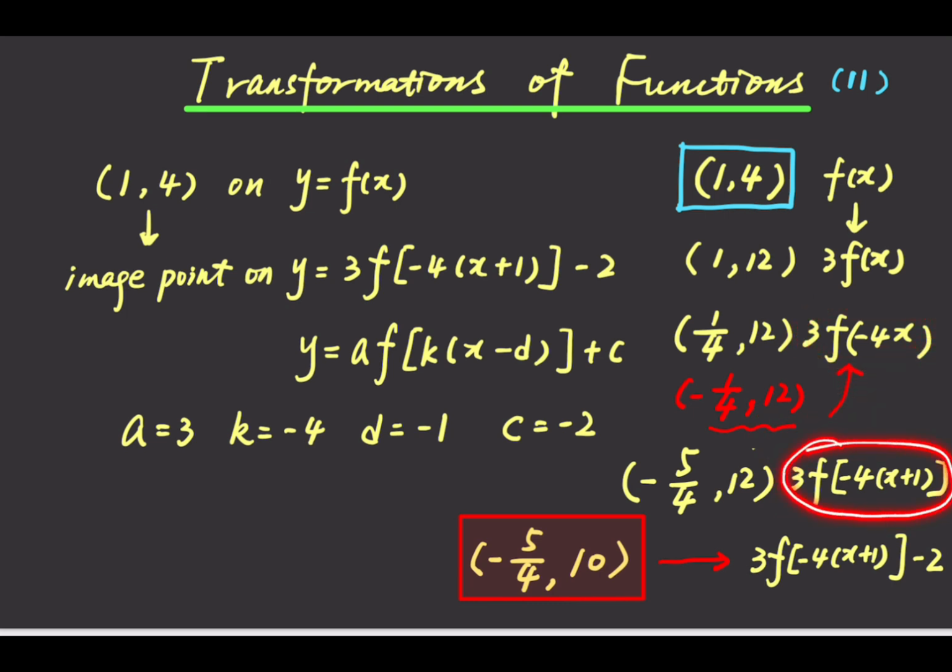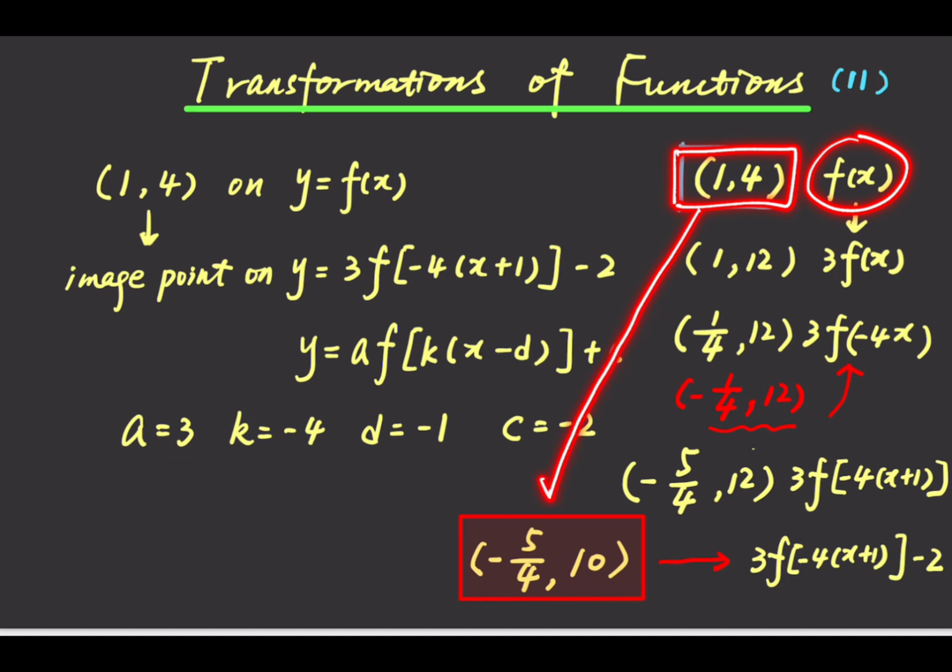This graph should be translated downwards by 2 units because C is a negative number. So we can get its transformed graph, that is to say, this graph. For the original point on the original function, its image point on the transformed function should be this point. That's it.